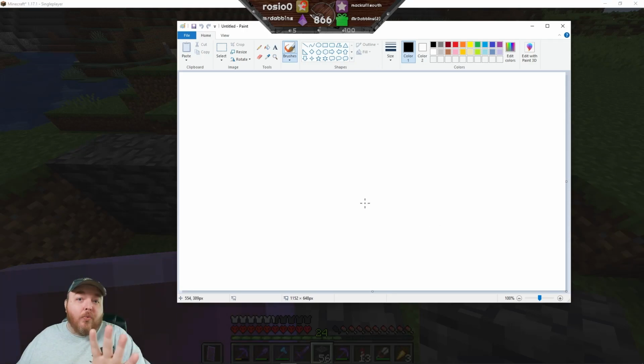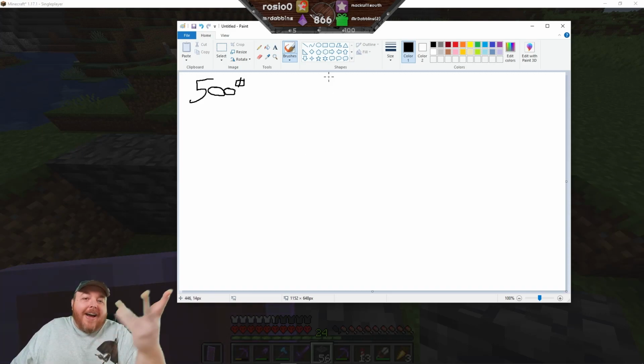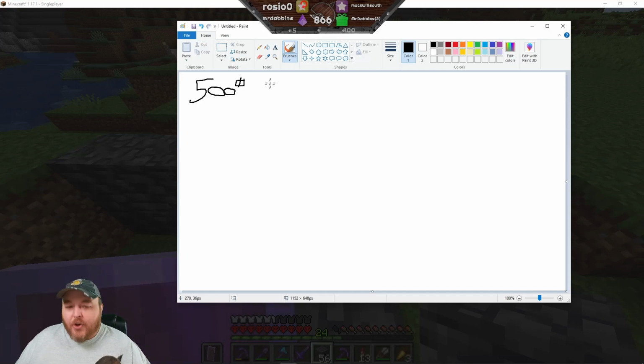Let's say you had a room. Someone told you a room was 500 square feet, okay? Now the way you would figure that is you would find the closest thing to that. So a 25-foot by 25-foot room, right? That equals 625, but it gets you close, right?